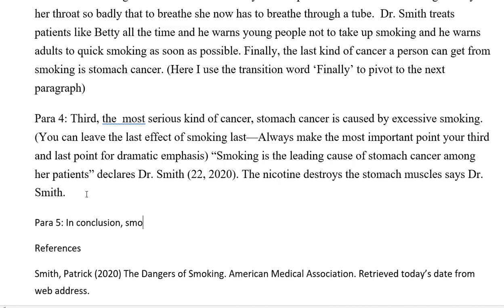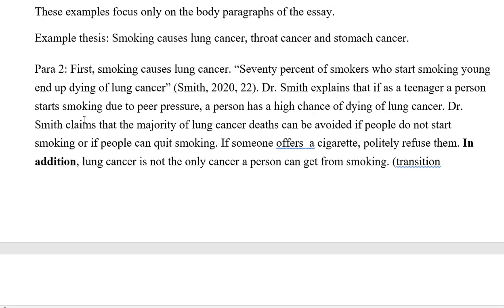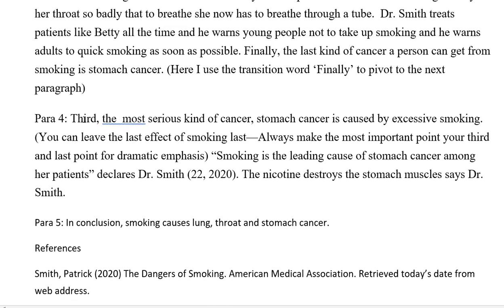Then you restate your thesis: smoking causes lung, throat, and stomach cancer. And then you're going to write 5 sentences that summarize. I know this seems really redundant and you're repeating yourself over and over again, but that's the thing about English. English is not a hard language because it repeats itself a lot.